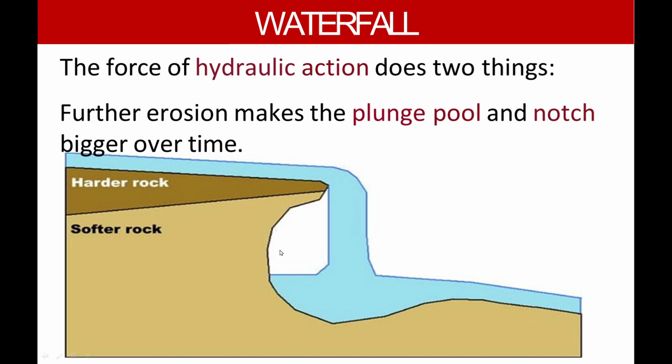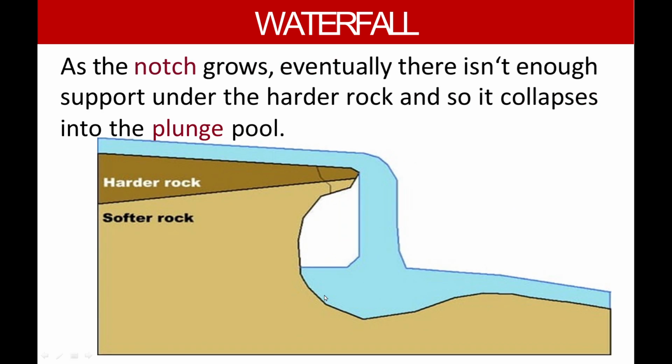We can see here it is like a pool and much bigger, and this is the bigger notch over time. Now as the notch grows, eventually there is not enough support under the harder rock, so it collapses into the plunge pool.